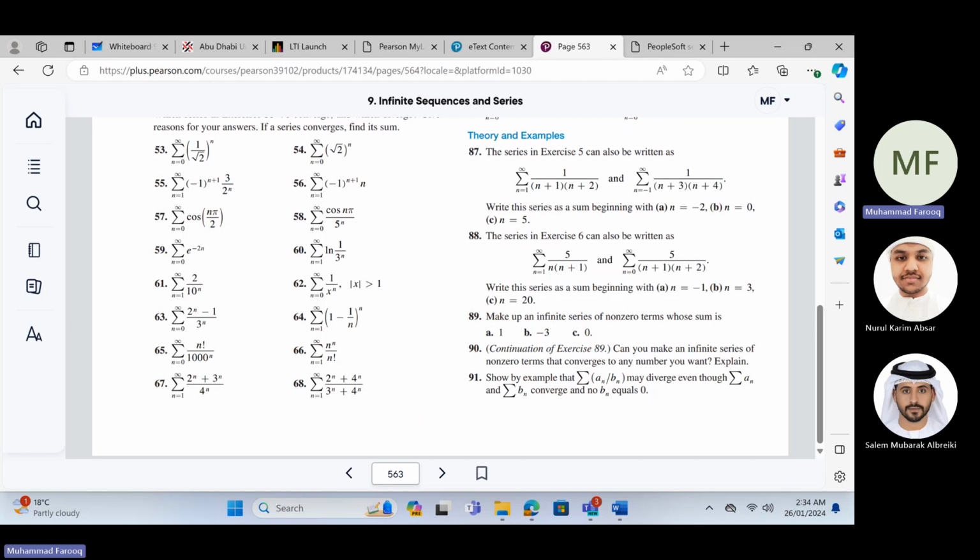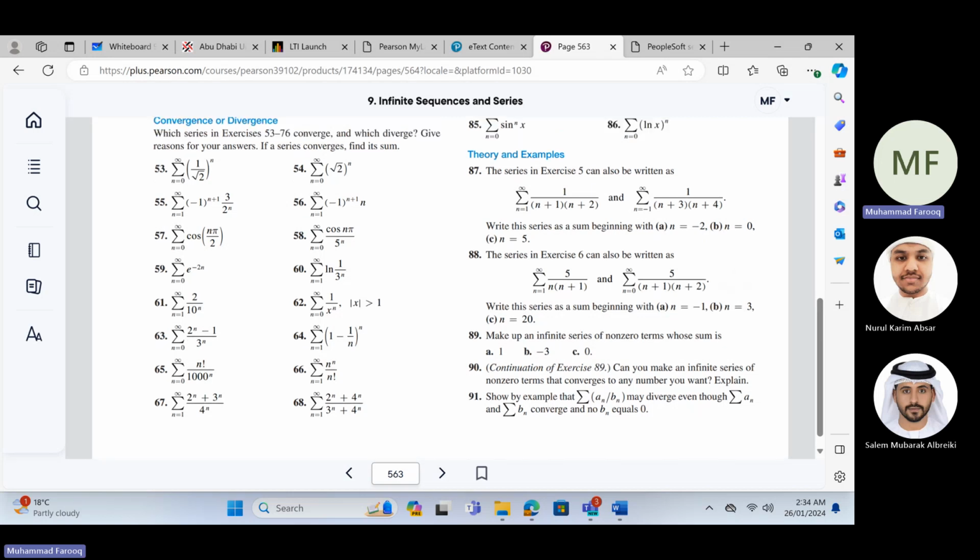If you simplify, you get 2 by 4 plus 3 by 4. So which series? G series, directly. The questions are a mixture. So it is a geometric series and it converges because 2 by 4 is less than 1 and 3 by 4 is less than 1. You can also find the sum.